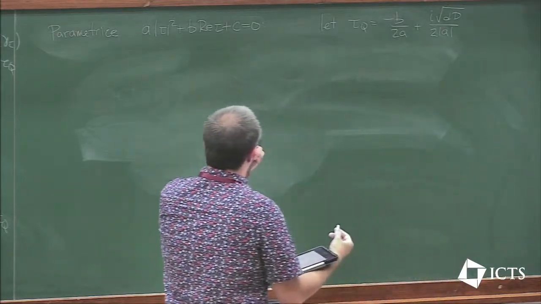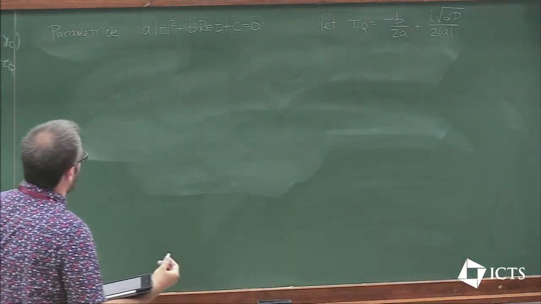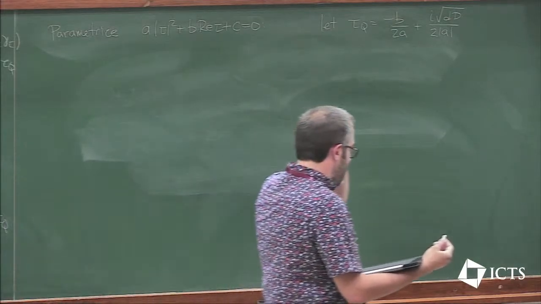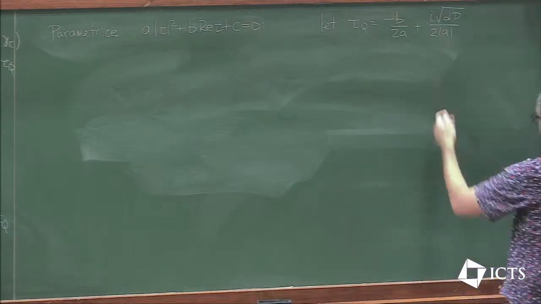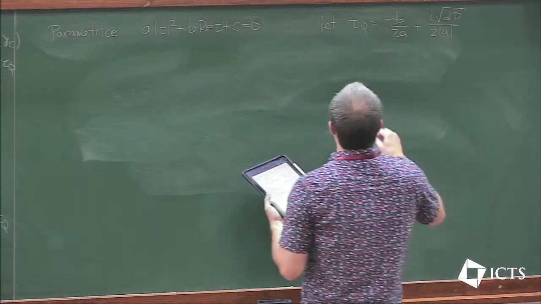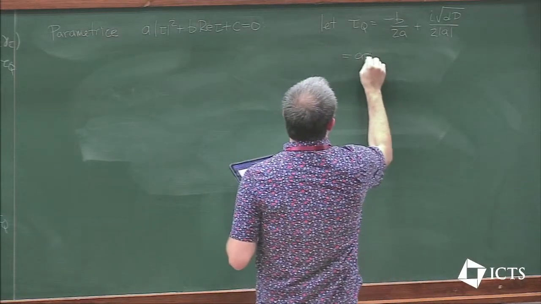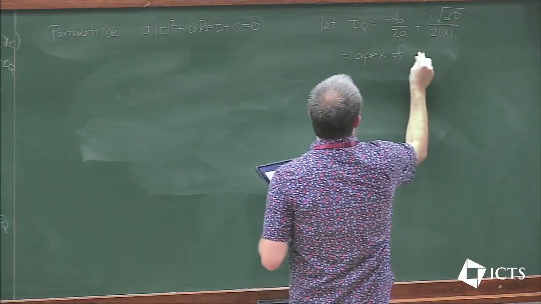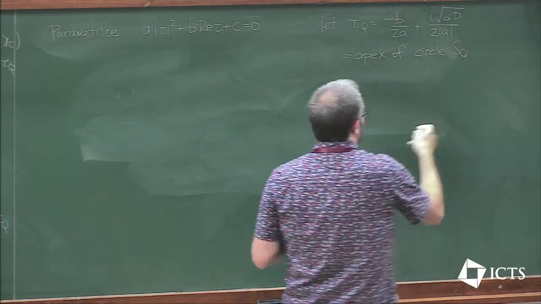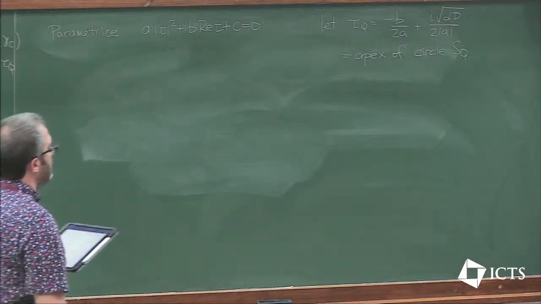This is a point now in the upper half plane. It's no longer a root of Q, because remember Q is indefinite and it has real roots. This is an imaginary number. But it turns out that this point is the apex of the semicircle S_Q. So it's the very top point of the circle.